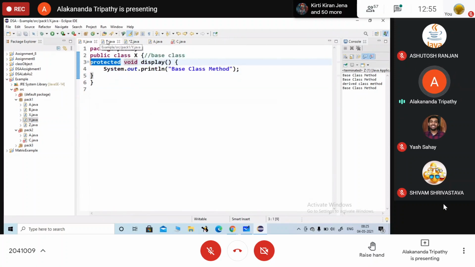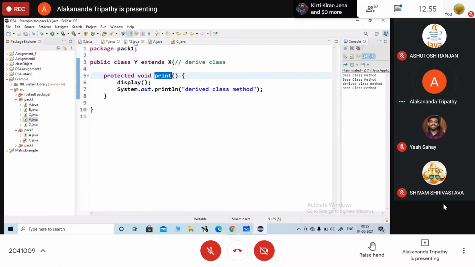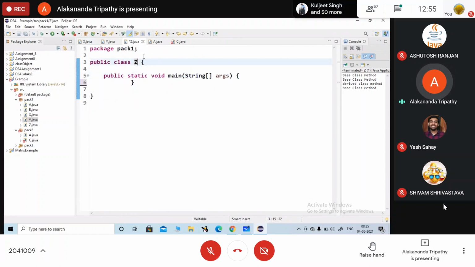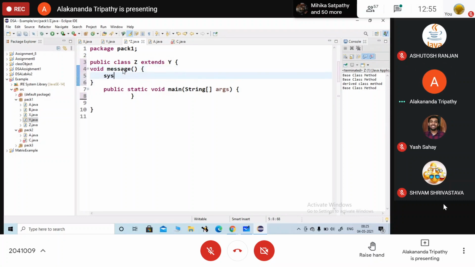Okay, now check another example. X, Y, and this one is Z. Here this class will extend Y and void message, System.out.println, class Z method. Okay, now here I have used a main function in which class?